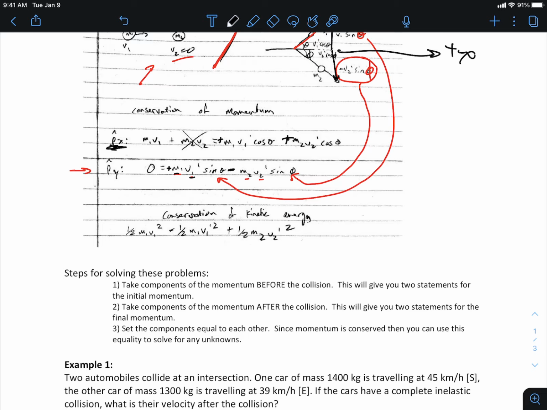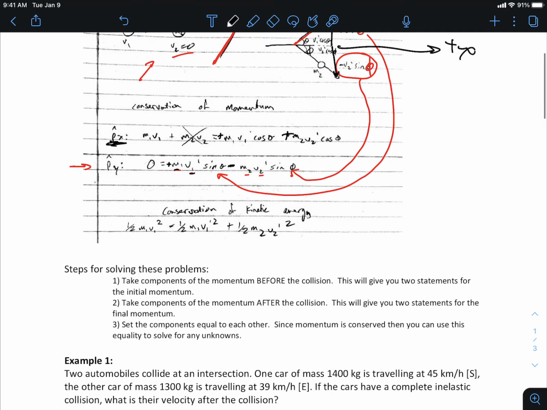The more you can extract and represent about the problem, the more it helps you solve it. So we're going to set the components equal to each other, since the momentum is conserved, and then you can use this equality to solve for any unknowns.